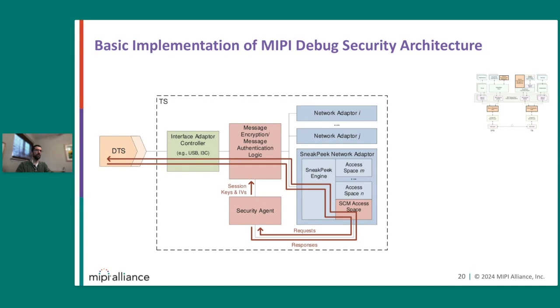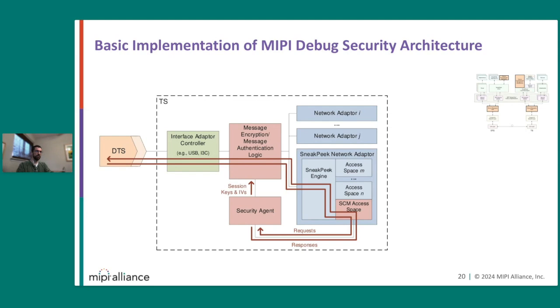We have our DTS connecting. We have our interface adapter controller, which is USB or I3C. Between that and the sneak peek engine and network adapter, there's this message encryption, message authentication logic that's enabled or disabled by the SPDM secure session.